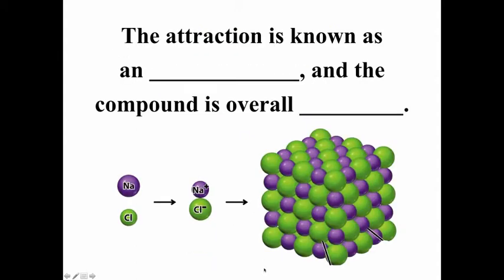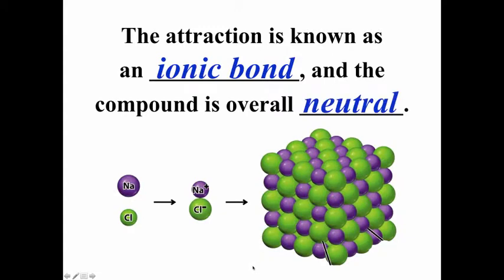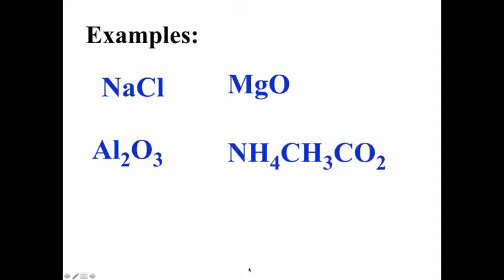And what we know about ionic compounds is that the attraction is an ionic bond, and ionic compounds are overall neutral. So the positive charges and the negative charges balance each other out. Examples of ionic compounds are sodium chloride, magnesium oxide, aluminum oxide, ammonium acetate, and plenty more of those as well.